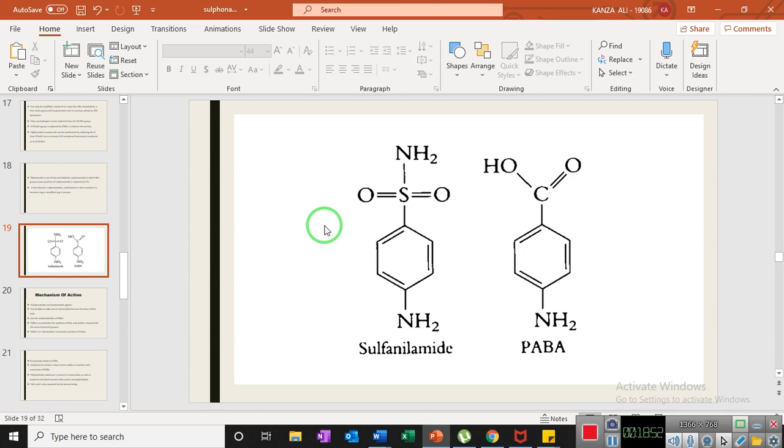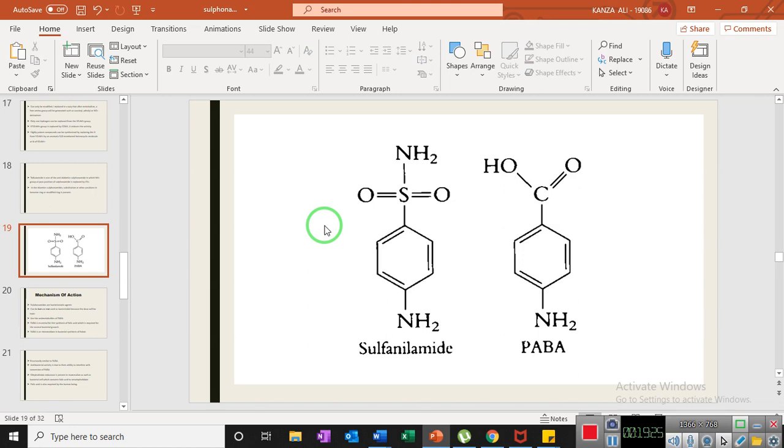Dihydrofolate is not produced, tetrahydrofolate will be inhibited, and hence folate cofactors are not there, so the synthesis of nucleic acid is interfered with, and the growth and maintenance of the normal cell is inhibited.